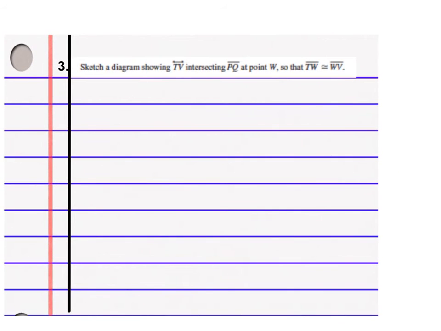Next question, number 3. Sketch a diagram showing line TV. So let's do TV, line TV.